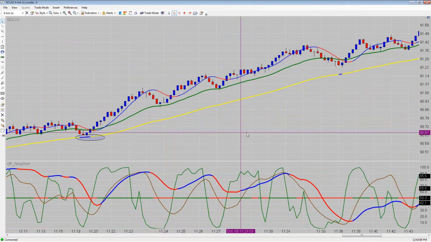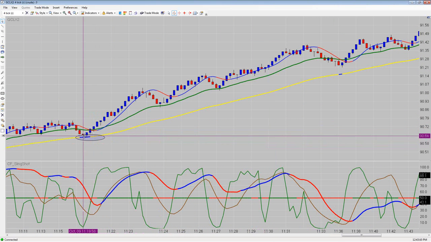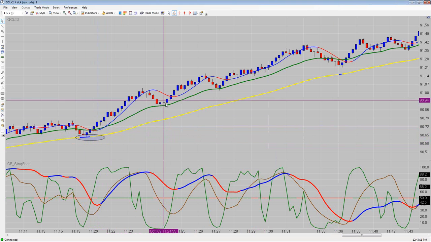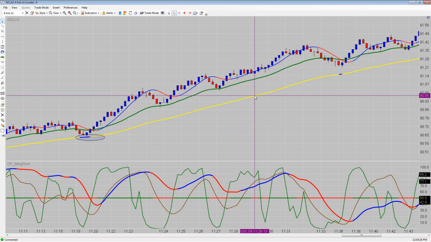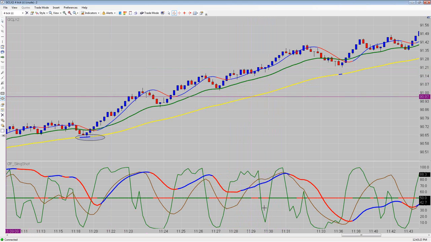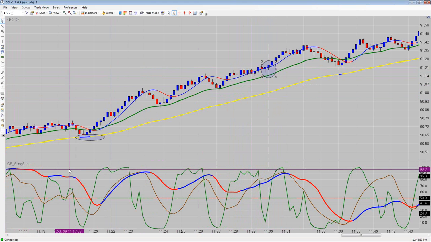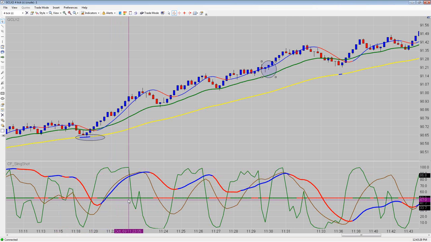But let's go back here. All right, you could have bought it here, the test of the blue, bought it again right in here, though we didn't have good divergence here or here. All right, the opportunities in here would have been momentum trades. You could have used a momentum trade right in here and gotten long right in there. All right, that's about the only way you could have grabbed that one.